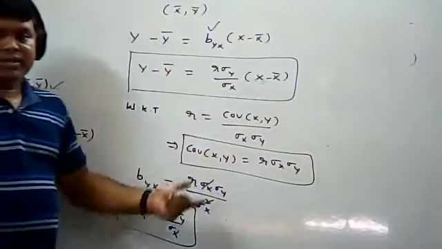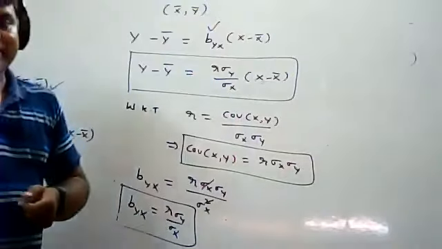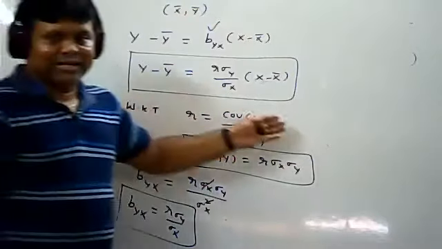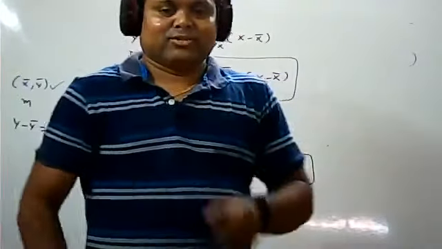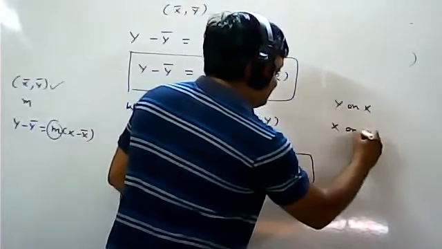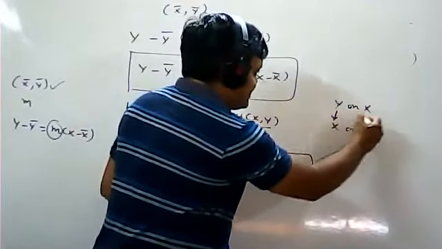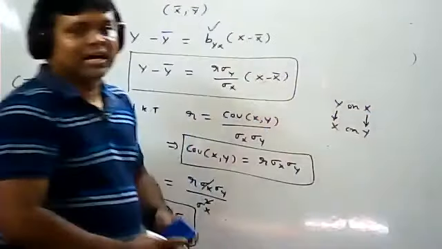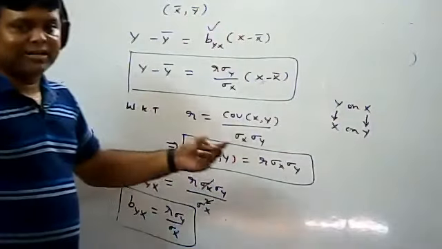After this, the regression line of x on y is there. I have already told you, if you learn the regression line of y on x, you can easily write the regression line of x on y. The reason is, in place of y you substitute x, and in place of x you substitute y, and automatically you will get the derivation.